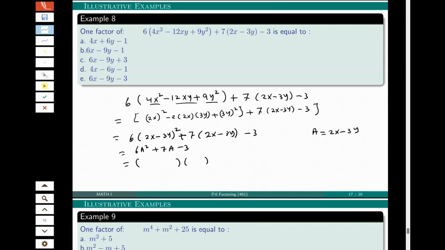When we open two brackets, we will have 6a times a is 6a squared, and if we say plus 1 times minus 3, that will not work because that will be minus 18.